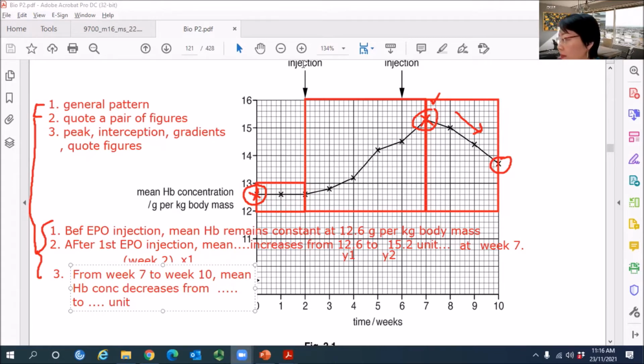Lim Jing-er. Decreases from 15.2 to 13.7 gram per kg body mass.